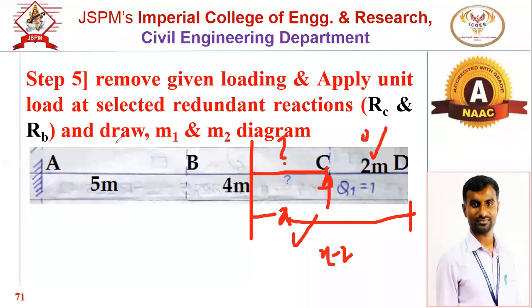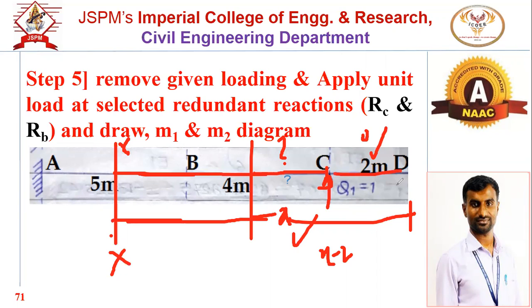Next, for BA, this is x now. This is x. So what will be the moment then? Somewhere here. Yes, this is the perpendicular distance now.